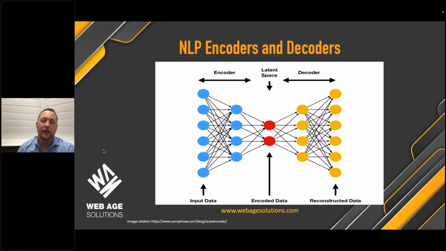This lets you take the hundreds of thousands, millions of words, phrases, tokens in a language and compress them down to a feature vector where you can then work with it in the neural network without having to have a 1 million by 1 million size neural network.